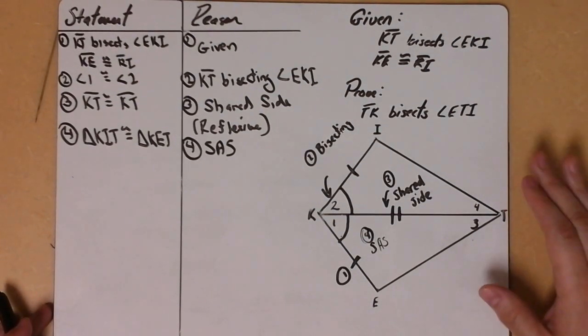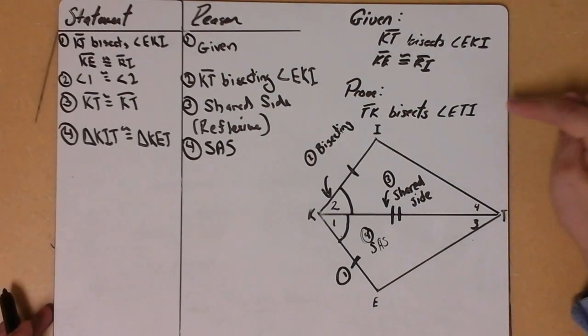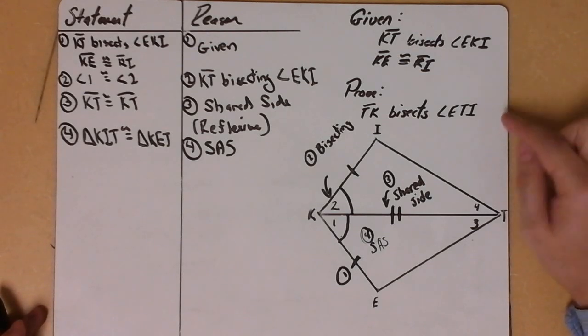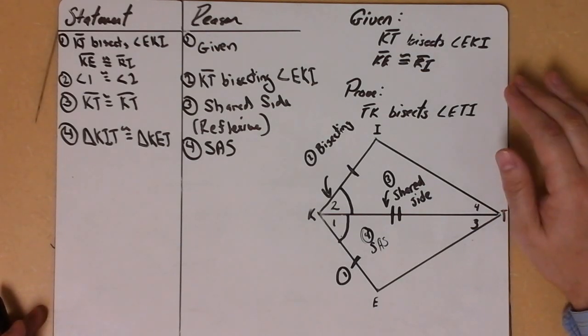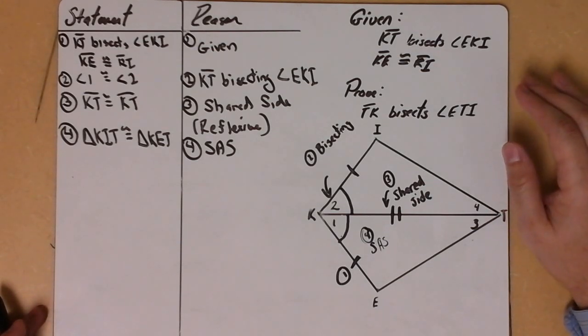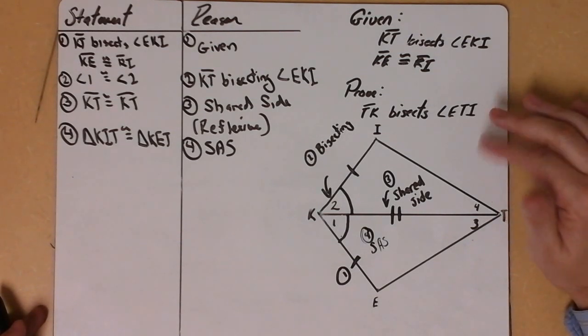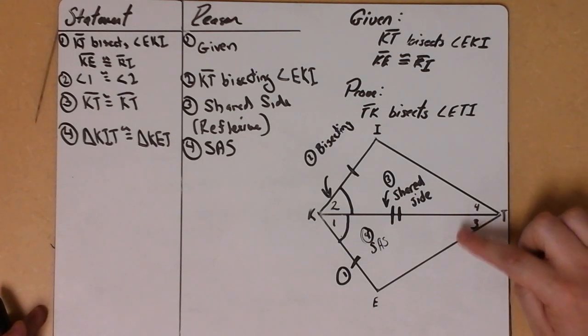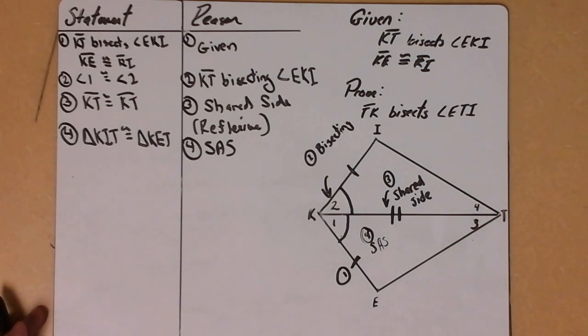We're not done here yet, because the proof part wants me to prove that TK bisects angle ETI. That's what I need to use. All right, or that's what I need to find, I should say. So that means I have to prove that angle 3 and 4 are congruent.